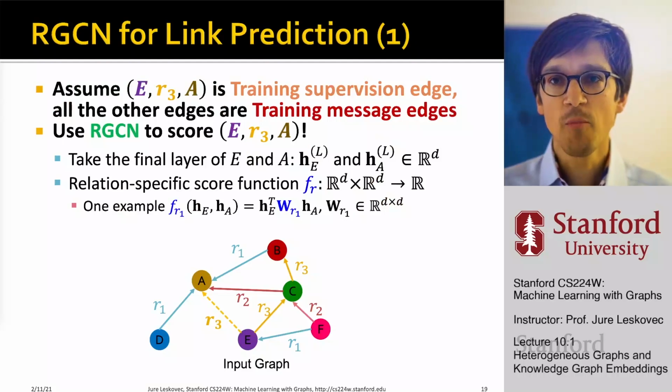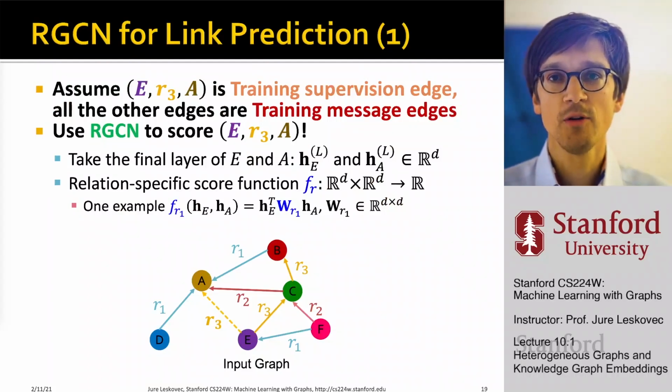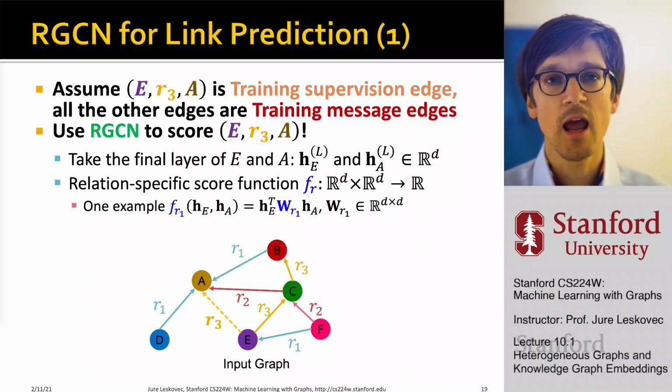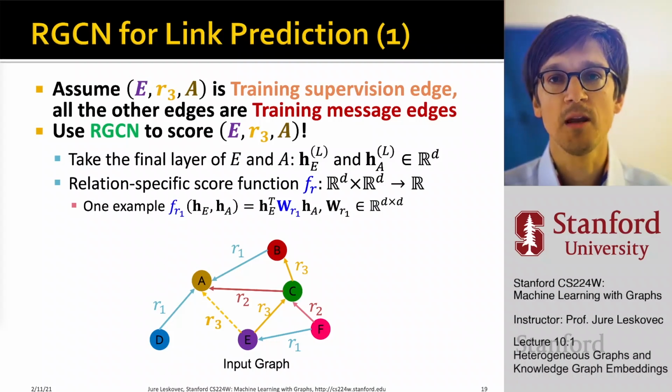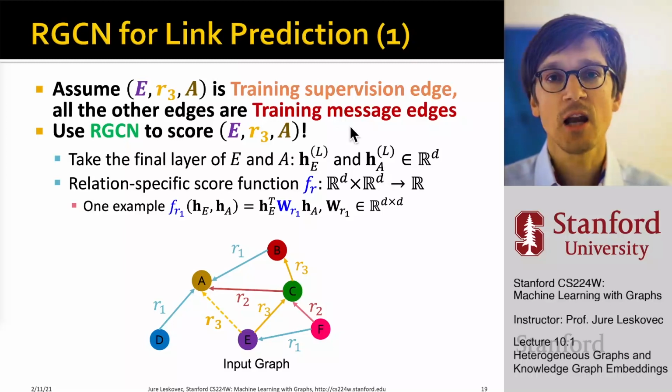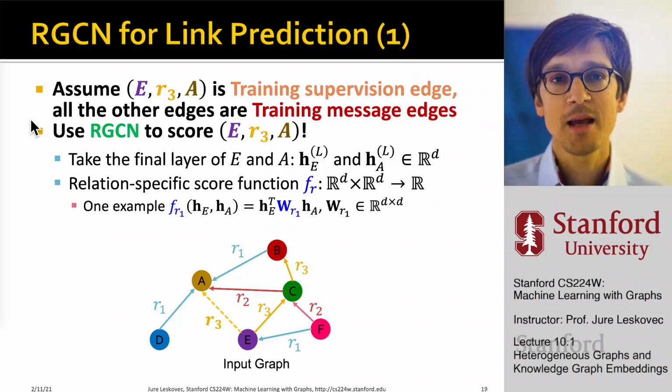To give you more details about how you formalize link prediction in heterogeneous graphs, imagine I want to predict the probability of an edge between nodes E and A, where that edge is of relation type 3. Imagine this edge is a training supervision edge, and all other edges are training message edges.